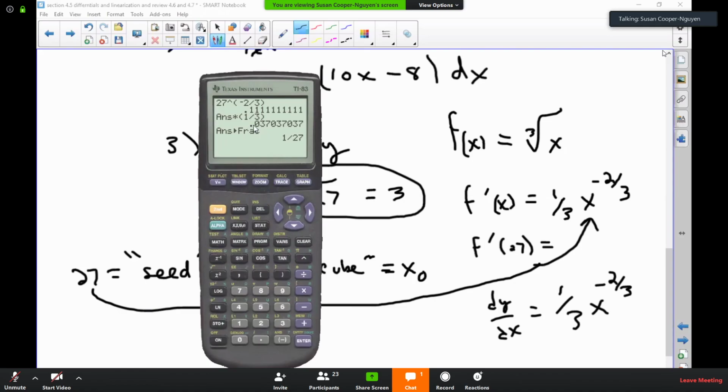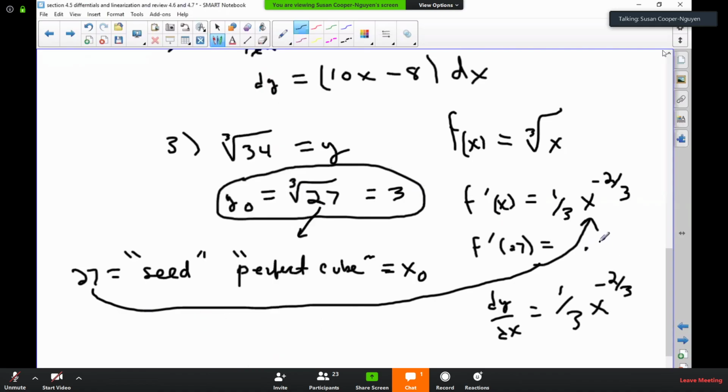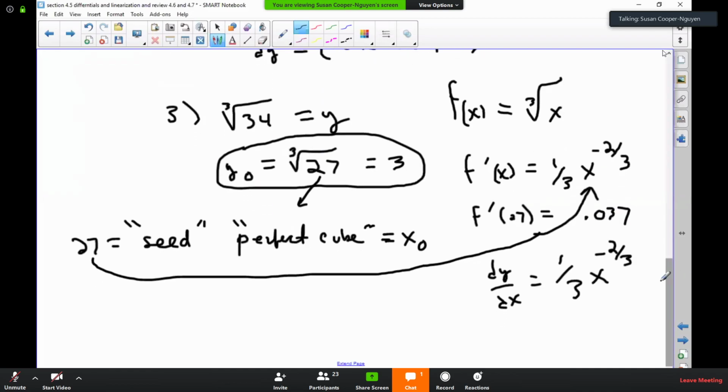Yeah, 0.037. So that came to be 0.037. Okay, so now, according to what we just witnessed with the last problem, dy dx is equal to this, but if I'm only interested in dy, the differential of y, just delta y, that means that dy alone should be equal to 1/3 x to the negative 2/3 dx.